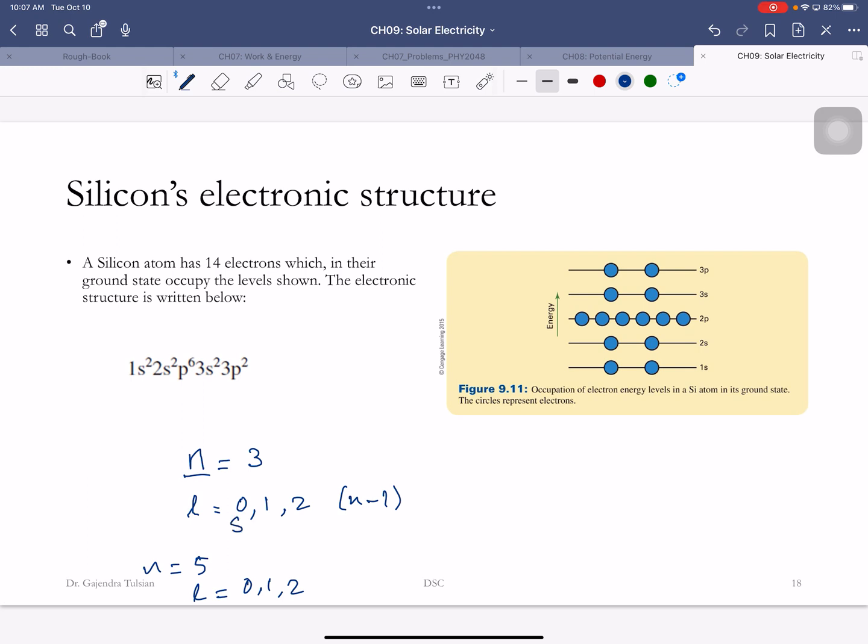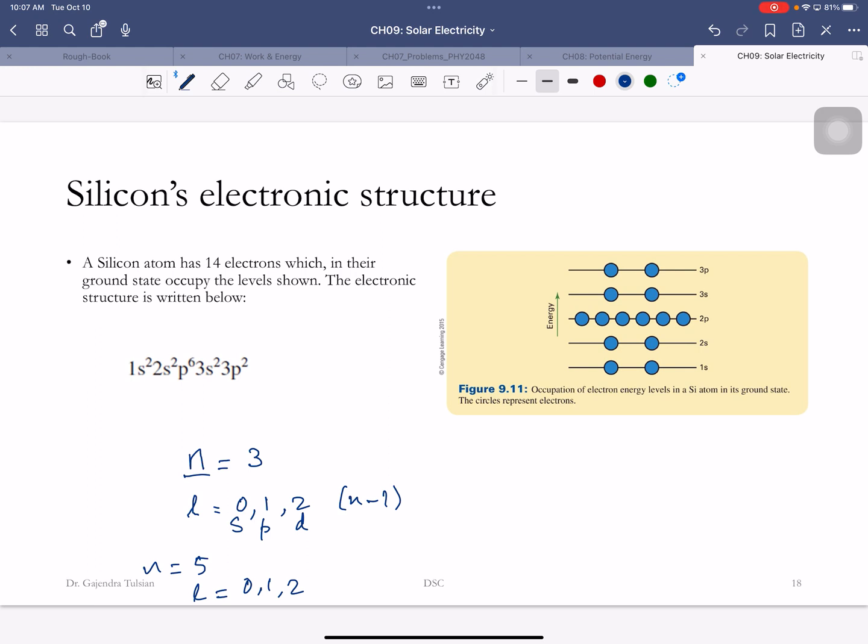And so this is called S, this is called P, D, F. That's what the chemists like to use. So in that notation, 1s would be n is 1, L is 0. Yeah, that's what that would mean.